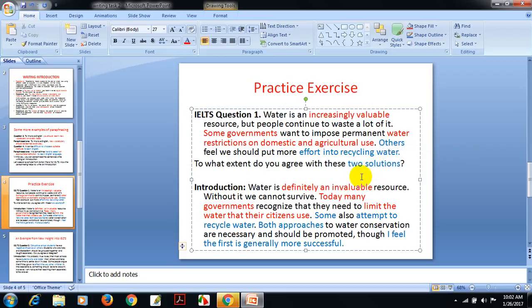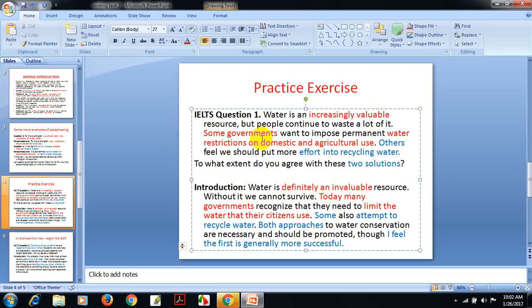Okay. How the introduction is made here. Water is definitely an invaluable resource. Look here. Increasingly valuable and definitely an invaluable. Similar word.